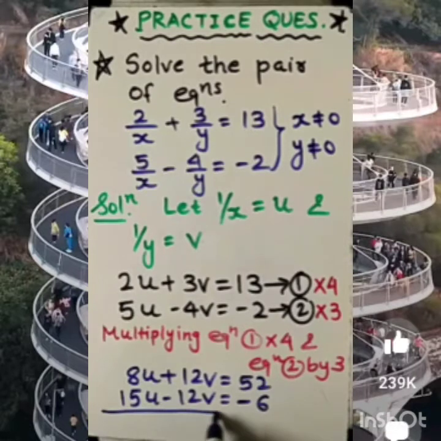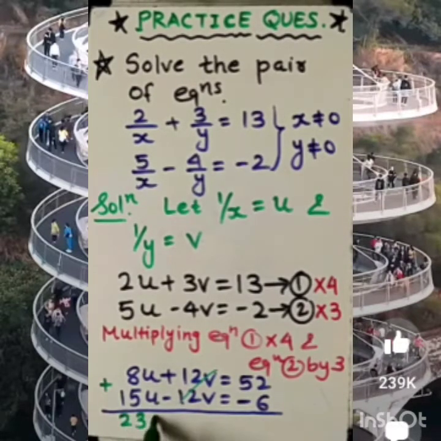Right? So these will become our equations 3 and 4. Let's simplify. Now we can eliminate plus 12v and minus 12v. So 15 plus 8, 23u equal to 52 minus 6, which is 46. Fine. So let's see the next step.